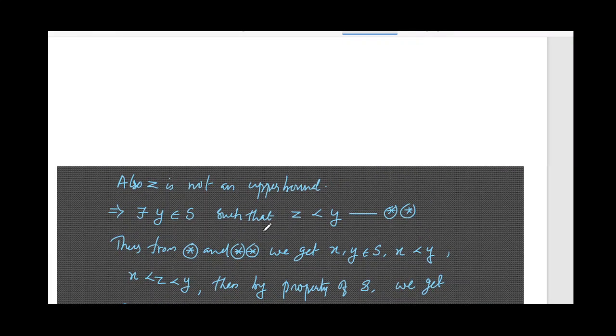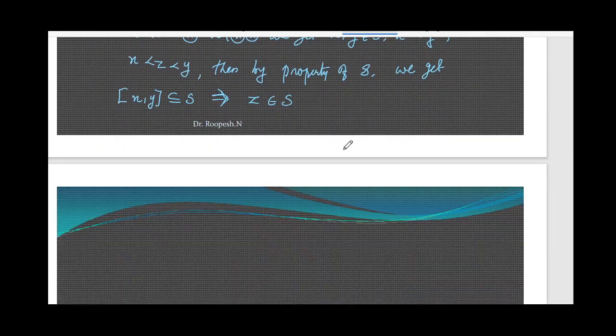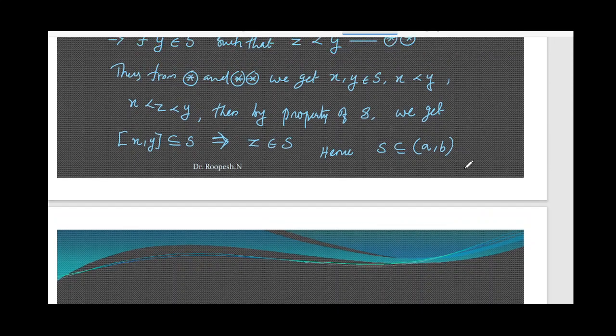That was an element from (a, b), right? Now we have got that it belongs to S. So hence we can conclude that the interval (a, b) is contained in S. I'm sorry, it's the other way around, right?